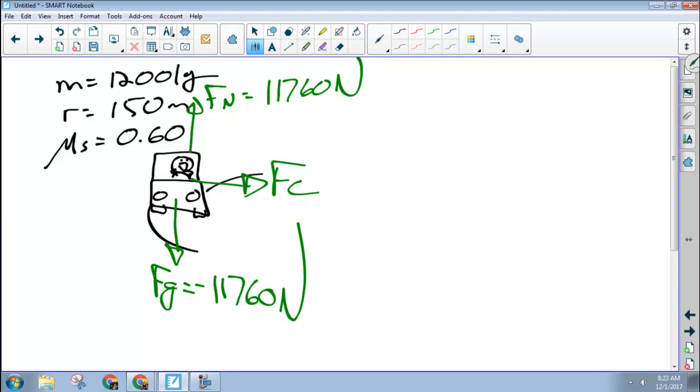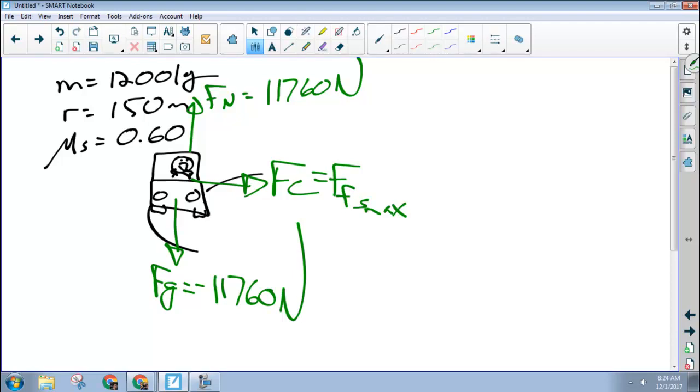And in this problem, like Michael just said, the centripetal force is provided by the static friction between the tires and the road, right? So this is equal to force of static friction, right? Follow? And if we're trying to maximize the velocity, we want to maximize this force, right? Good?